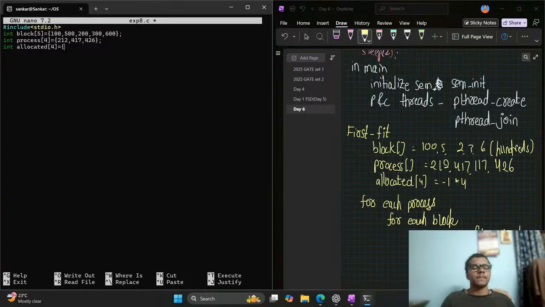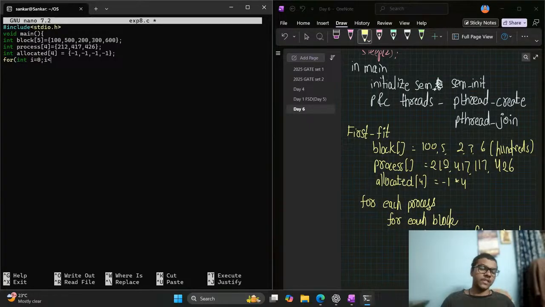Okay, but everything will be modified. No, I don't want to mess with it right now. Yeah, because I already got messed up in the morning. So for each process, you check each block.